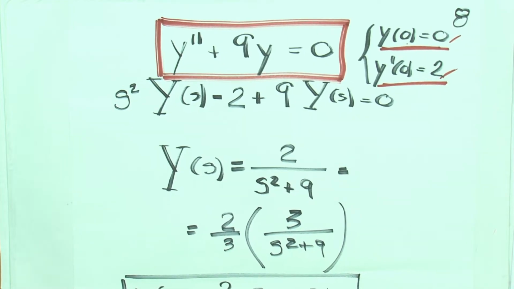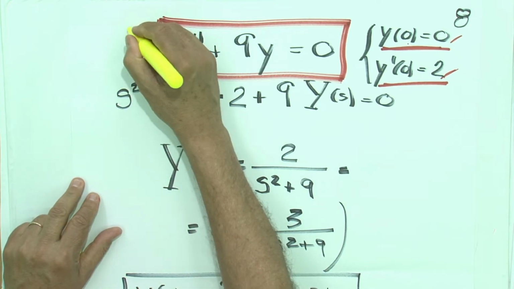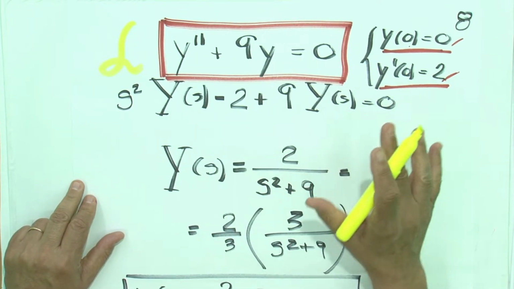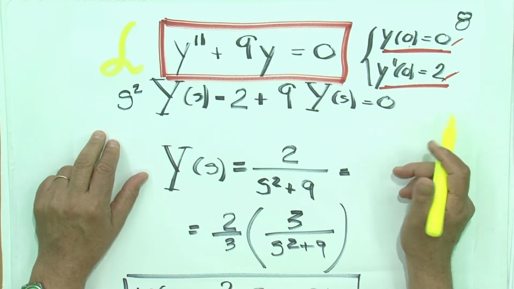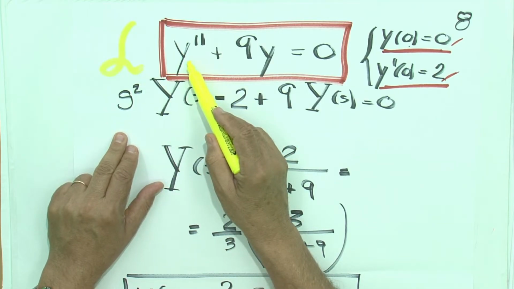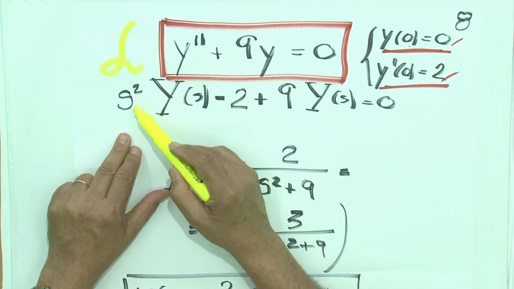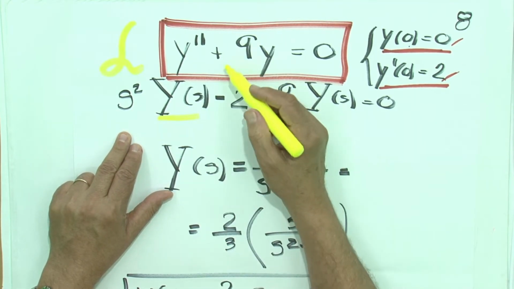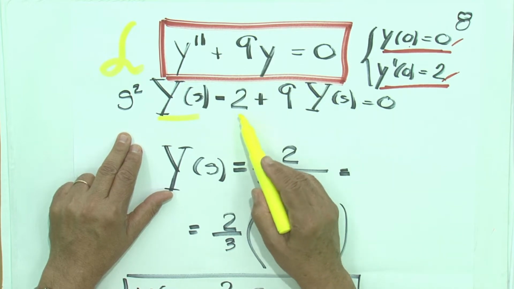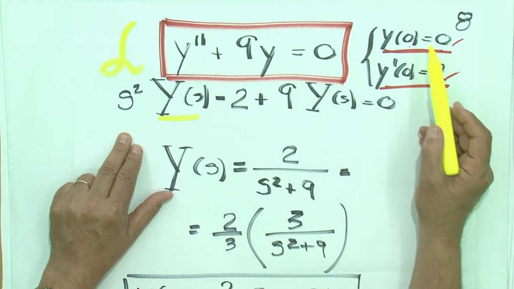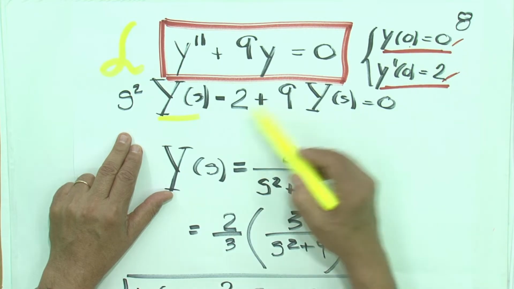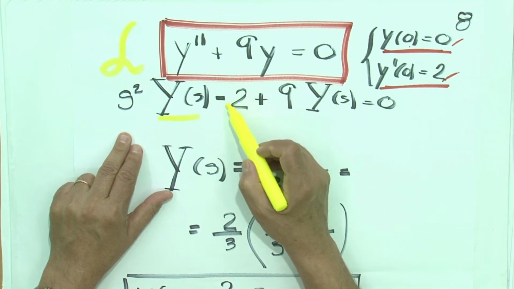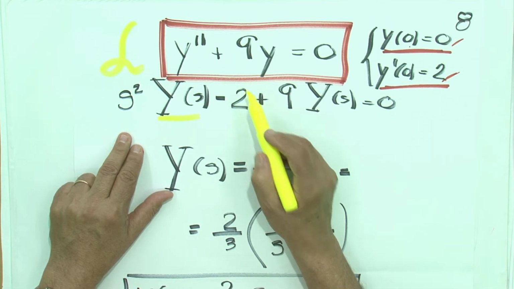And now we have to apply the Laplace transformation to this equation, right? And that must be equal to 0. And we know that the Laplace transform of the second derivative is s squared times the Laplace transform of the function, minus s times the value of the function at 0, that's 0, so I did not put it, and then minus the value of the first derivative.